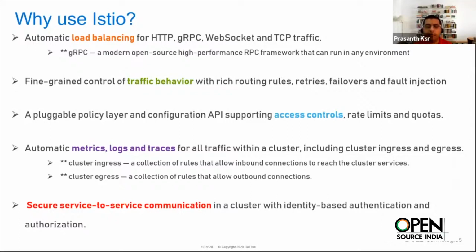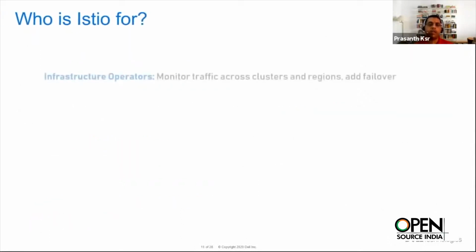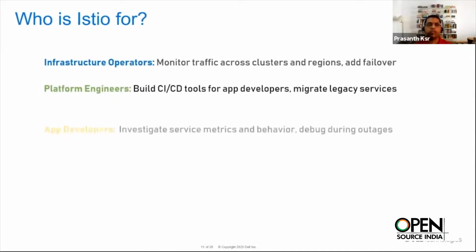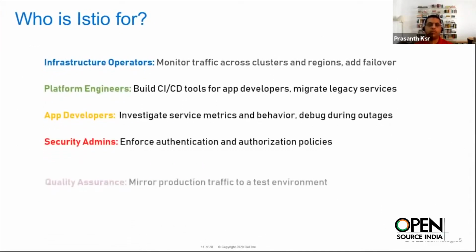All of these will be covered as the core features of Istio, which you'll be seeing in another 10 to 15 minutes. I hope until this point you are able to connect what Istio is and why Istio.